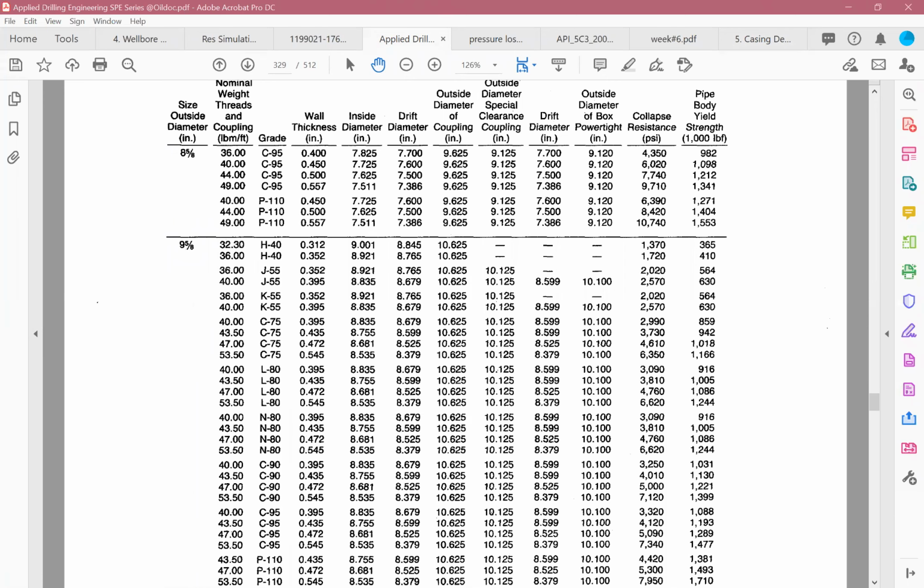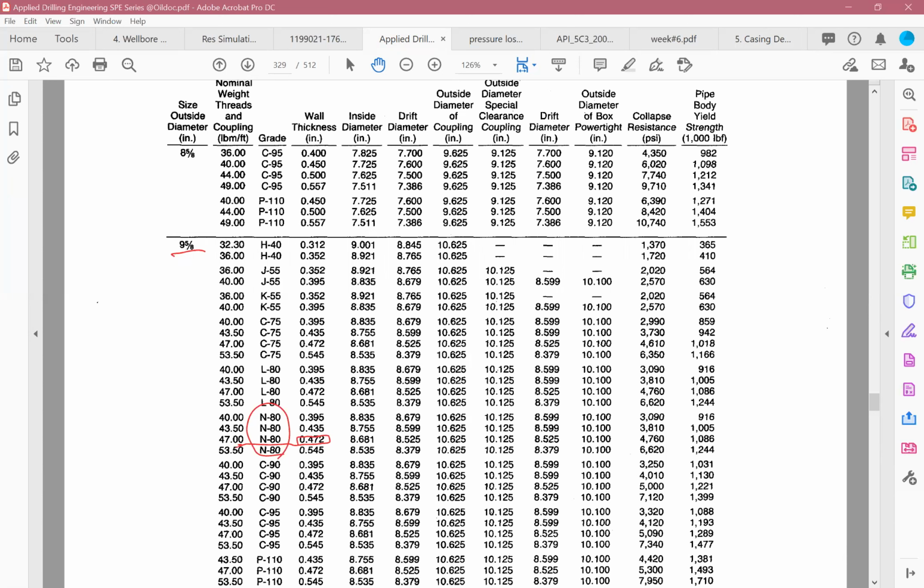But anyway, here we have N80 casings, right? 9 5/8. Thickness is given to us for 47 that we are interested in, 0.472. And the outer diameter is, of course, 9 5/8 inch. Divide that number by the thickness. That's the D/T ratio, right?